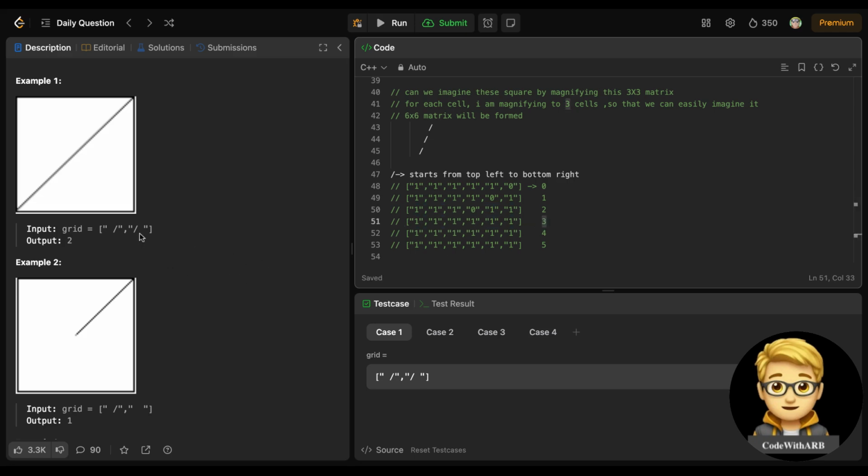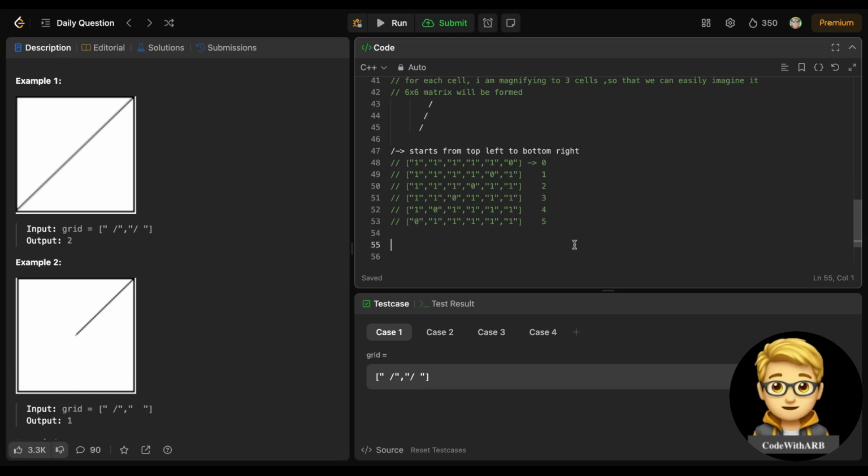When we move to the second row, the first column on the grid will represent only these three columns. So first we start from this zero, this zero, and this zero, the same zeros representing the forward slash. After this it is empty, so we don't need to do anything now.